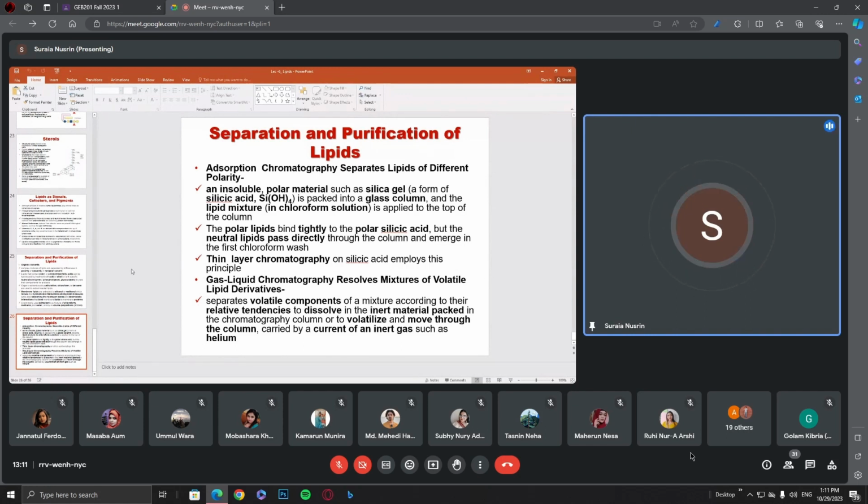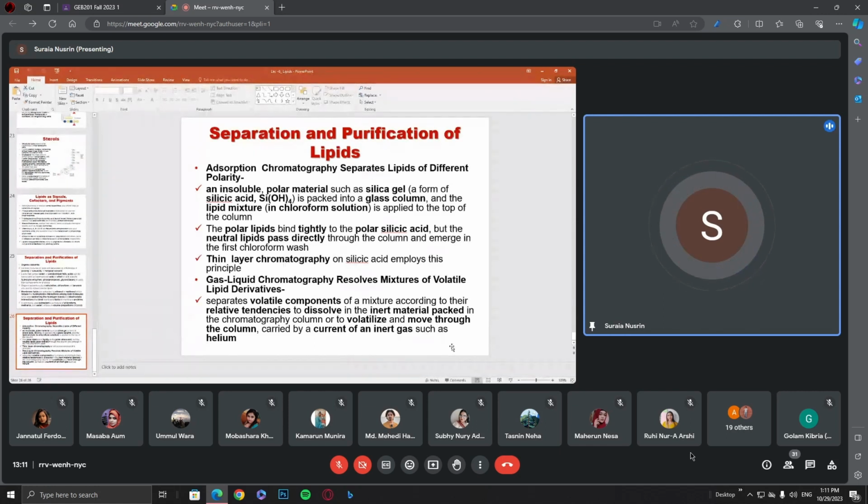If they do, you can separate those volatile components by passing the mixture of volatile lipids through a column made up of inert material, in this case an inert gas, for example helium.